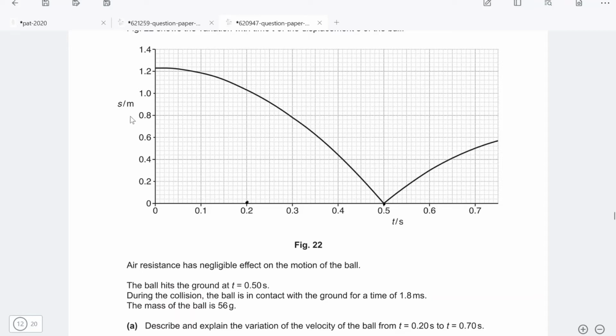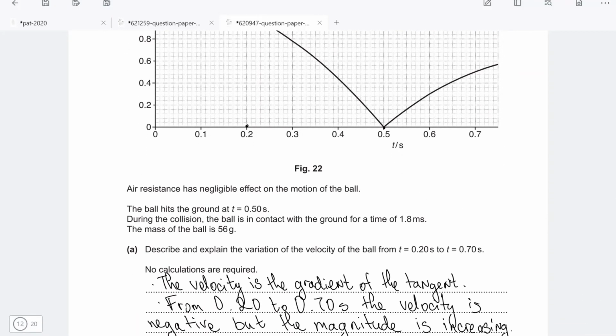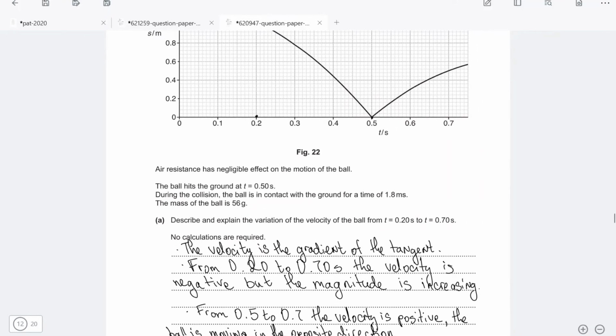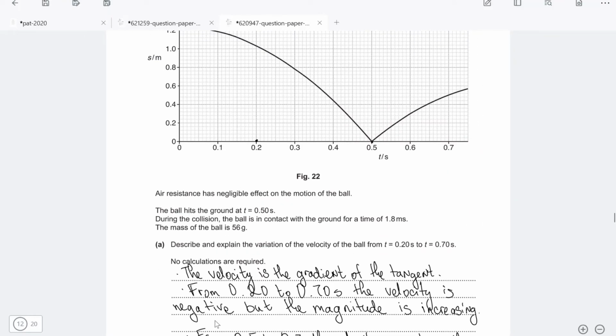Well, this is a graph of the displacement against the time. The first factor that we need to consider is that the velocity is the gradient of the tangent of this graph. Notice here, from 0.2 to 0.7 seconds, the velocity is negative, but the magnitude is increasing. How do we know that?